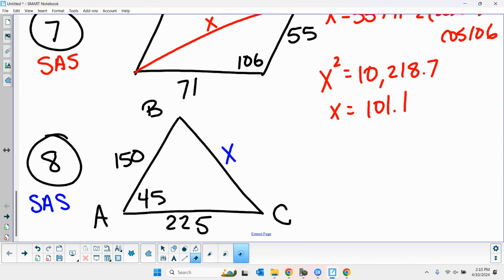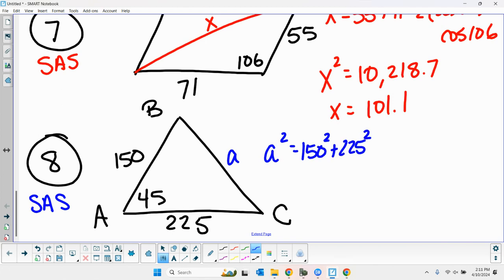Since I made it ABC, it should be little a. So a squared equals 150 squared plus 225 squared minus 2 times 150 times 225 times the cosine of 45. So this again, you can put all in your calculator.